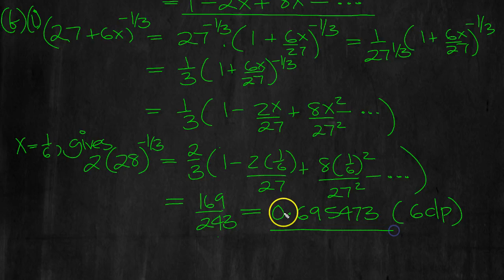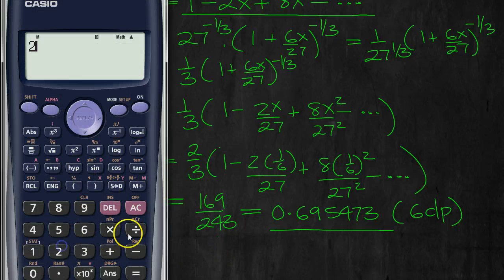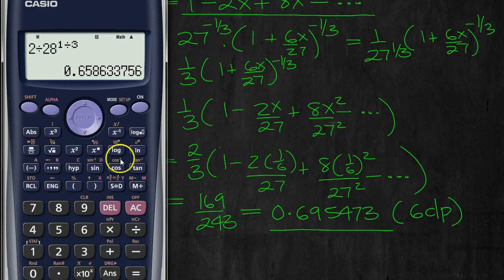Okay, so now I'm going to do this as a sum to see if that's correct. So 2 divided by 28 to the power 1 divided by 3. That gives 0.658633. So it's quite out, isn't it?